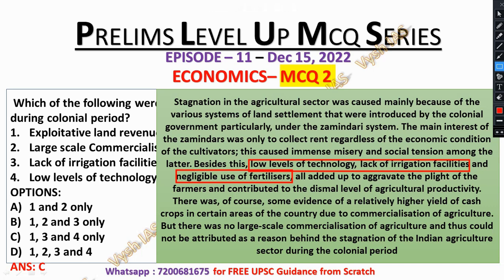And we should also know that there was no large scale commercialization of agriculture, because it was only on a smaller scale, and the Britishers used agriculture only for their own benefit, not for the benefit of Indians. So we should know this information and please note this in your copy.